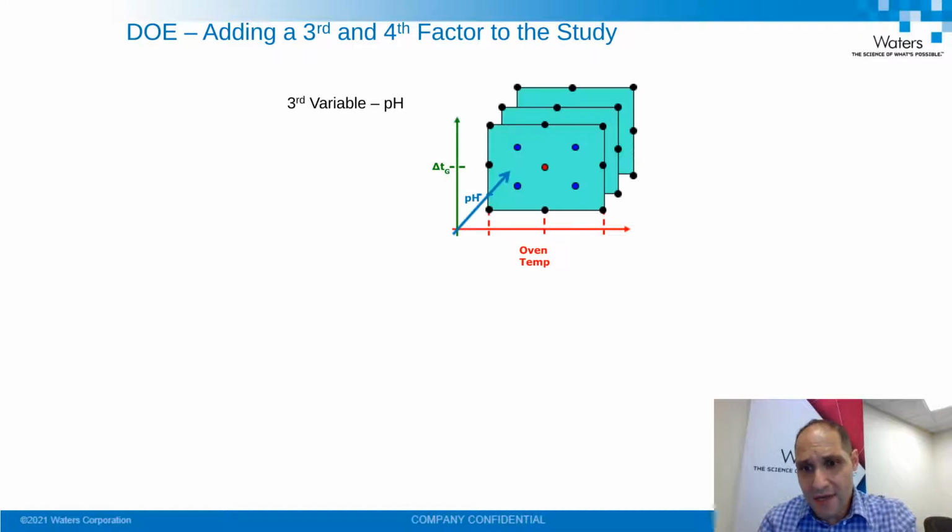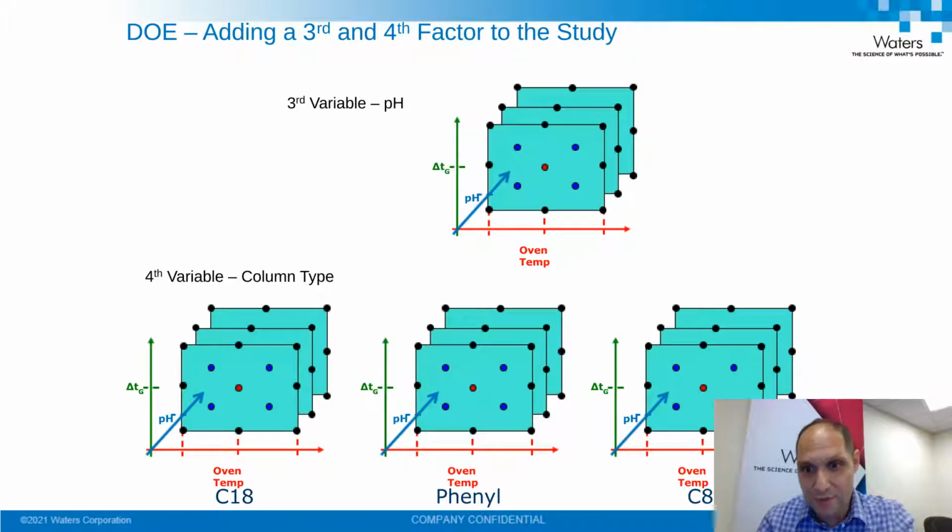Now, if a third variable is added to this study, such as the pH, Fusion would still apply the statistical sampling to create the design with the minimum number of experiments required.